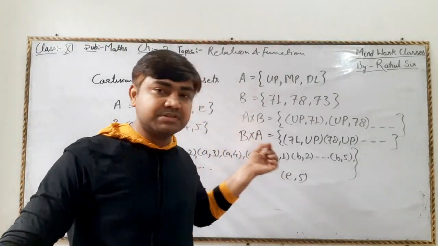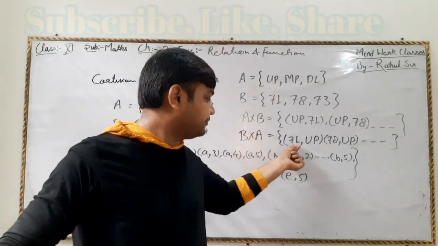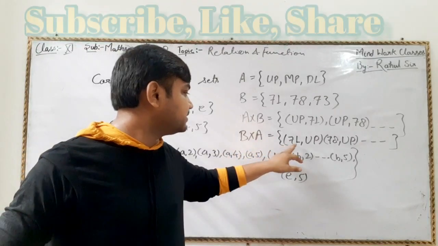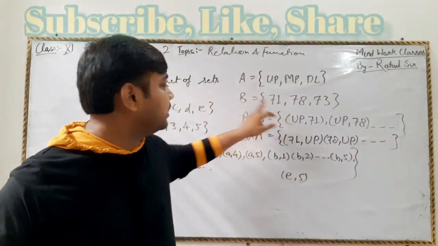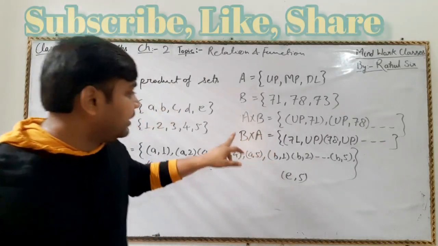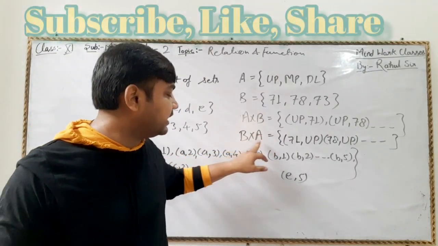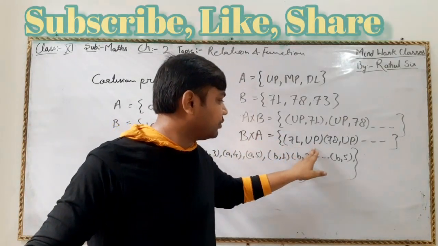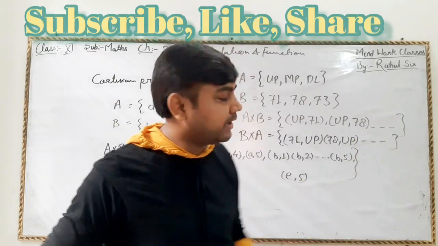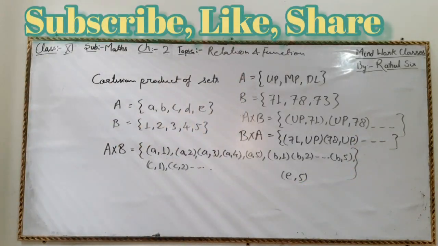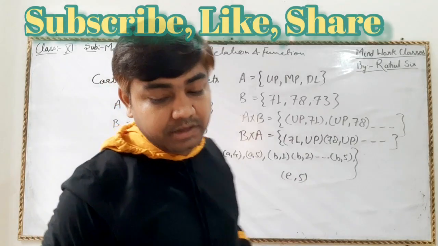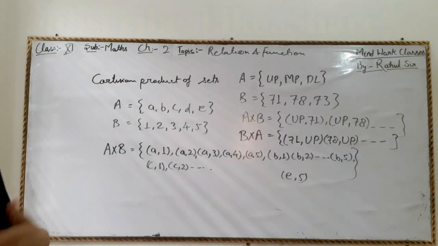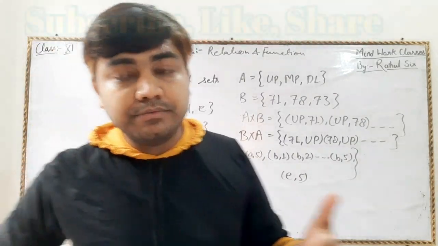The number written first is from the first set, that is 71, which belongs to set B. Since B is written first and A later, B into A equals 71 comma UP, 78 comma UP, and so on. This is known as the Cartesian product, if you put the elements in the respective order for the given sets.